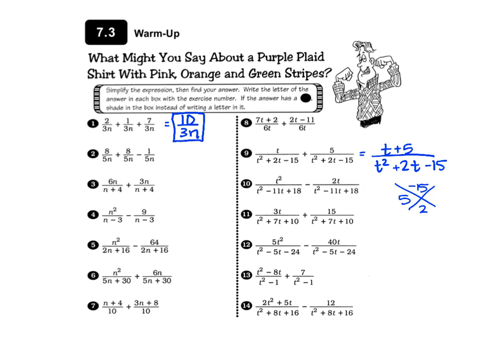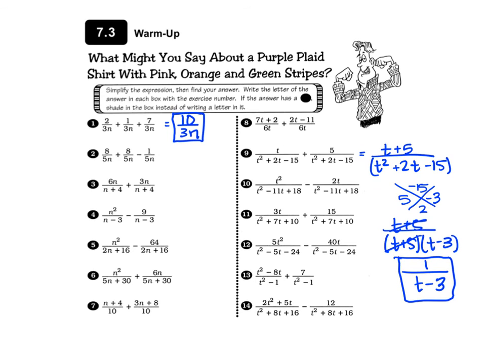That's 5 and negative 3. So I have t plus 5 in my numerator, but the denominator factored into t plus 5 times t minus 3. My t plus 5s cancel out. That t minus 3 is on the bottom. It can't magically move to the top. It needs to stay on the bottom. And I just put a 1 as a placeholder on the top.